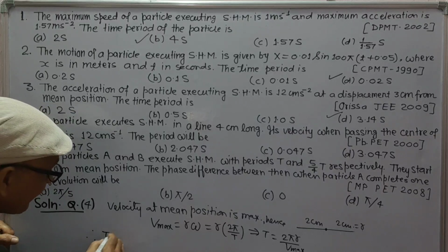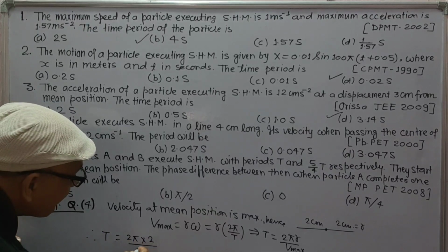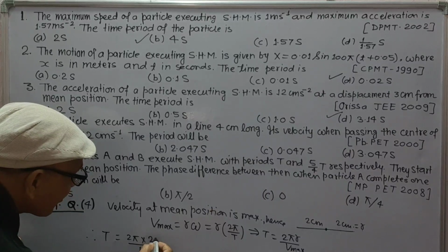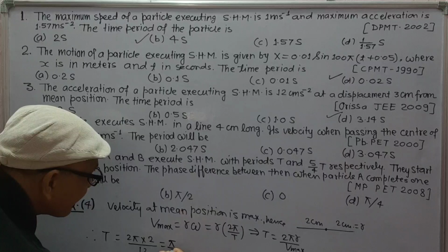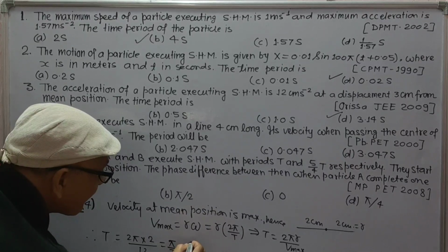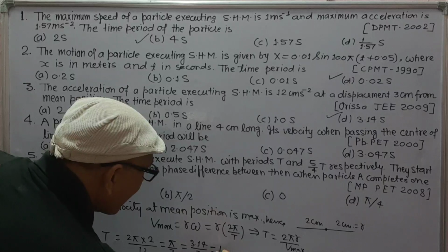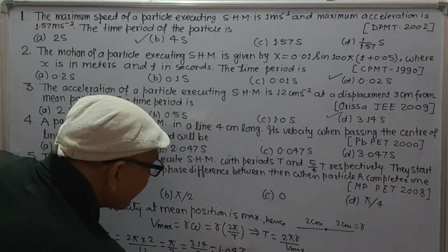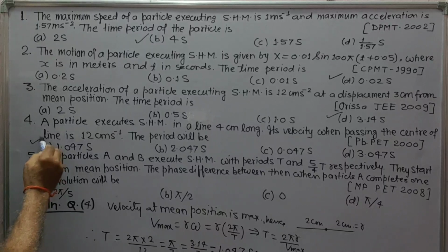Therefore, T will be equal to 2 pi into R is 2 upon V max is 12. So, this gives pi by 3, 3.14 upon 3 means 1.047 seconds. So, the correct option will be A.